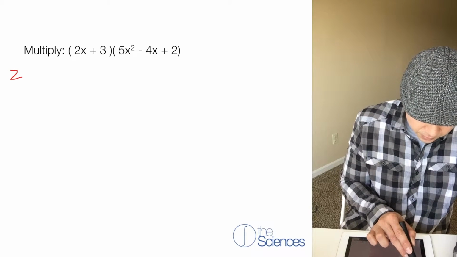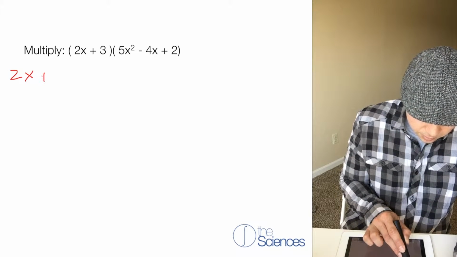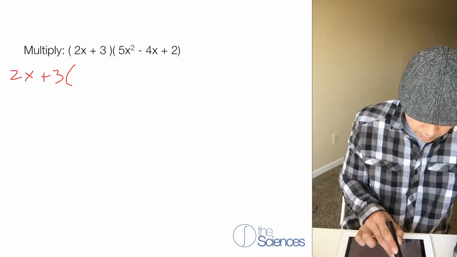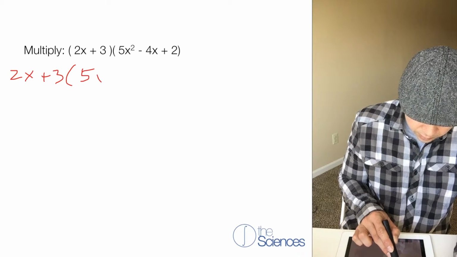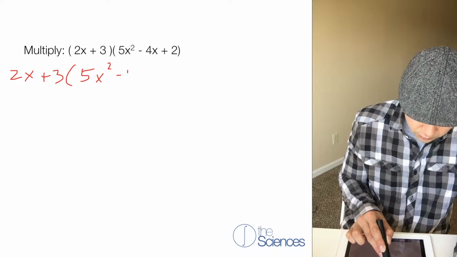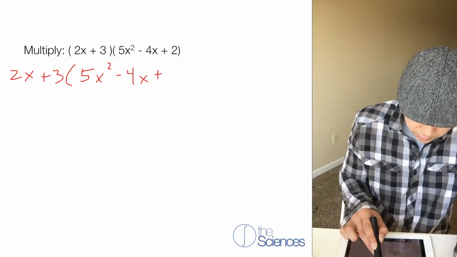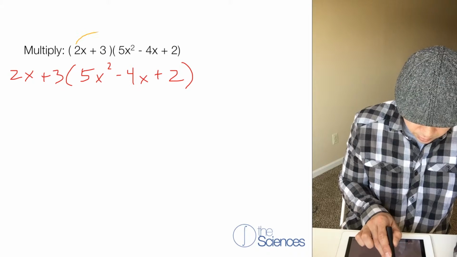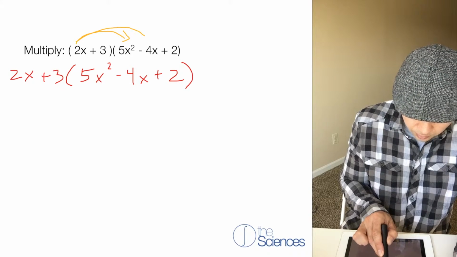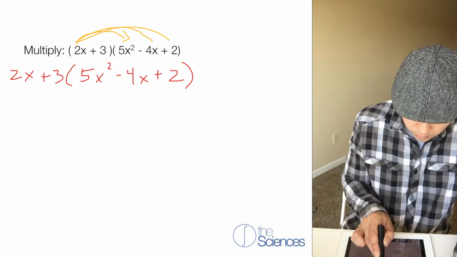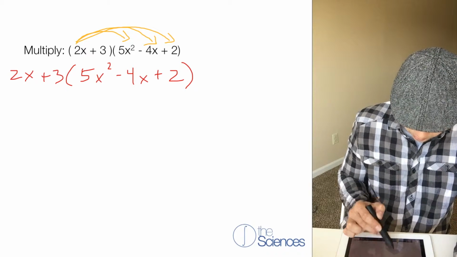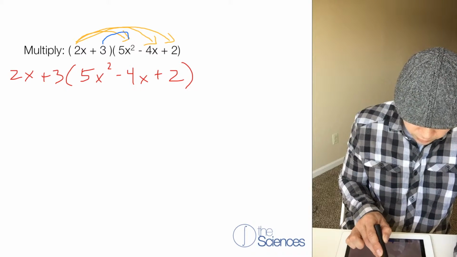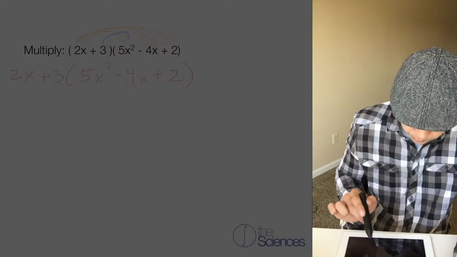Let's multiply 2x plus 3 times 5x squared minus 4x plus 2. So what you're going to do is distribute each monomial, and then distribute the next monomial.